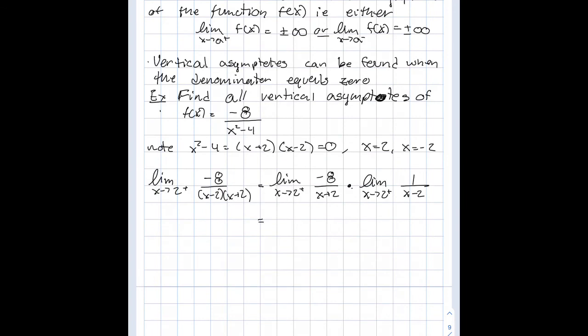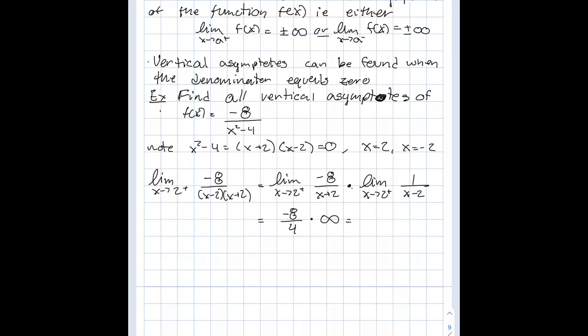If we plug in positive 2 into this first limit, I get negative 8 over 4, which is good. That's not going towards infinity. And then for 2 from the positive side, that's going to give me numbers that are bigger than 2, so that's going to be positive infinity.